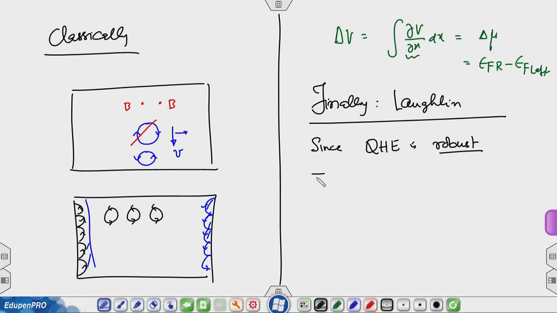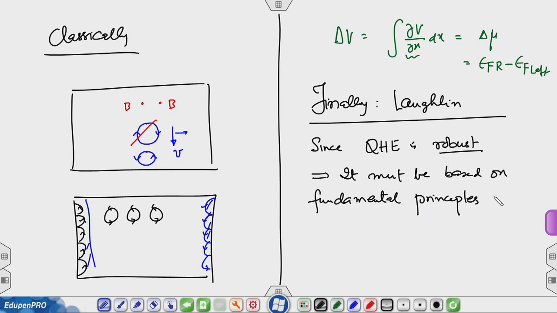This implies it must be based on fundamental principles and not depend on the details of the system.